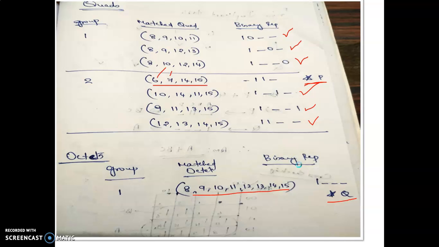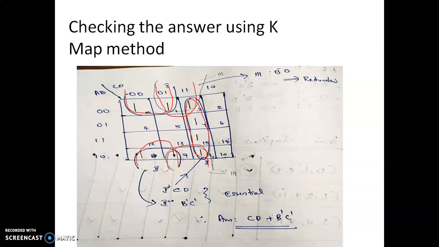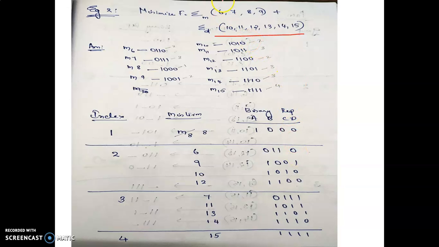And what happens when the question was minimize, instead of sigma m, if it was pi m 6, 7, 8, 9 plus pi d 10, 11, 12, 13, 14 and 15, instead of sigma d it was pi d? Okay, what is the change you require?